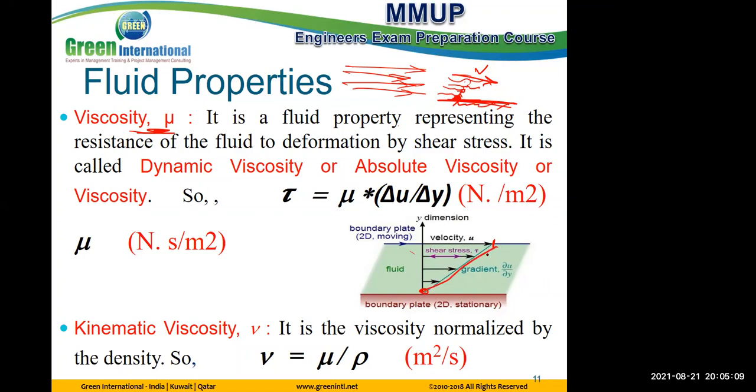You see, this distribution is called the velocity gradient. Not all the time is it linear like this, but I give you the simple way.